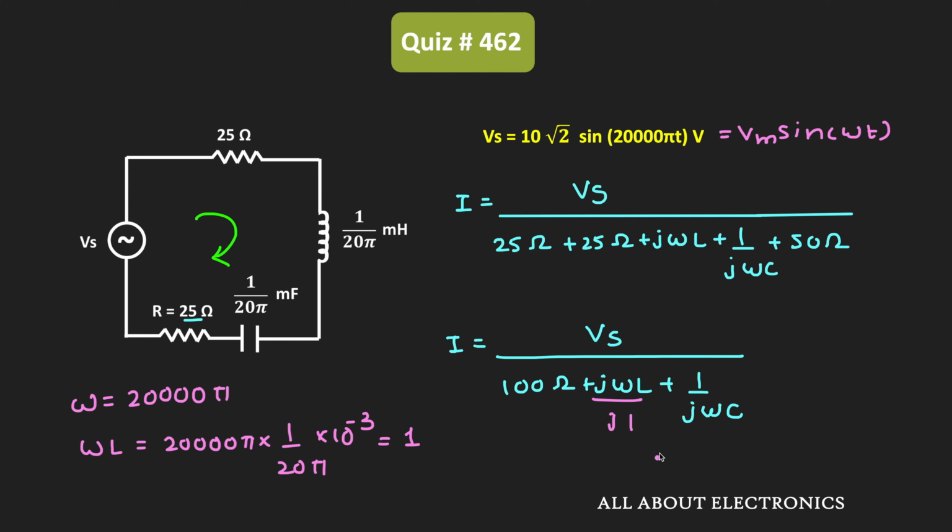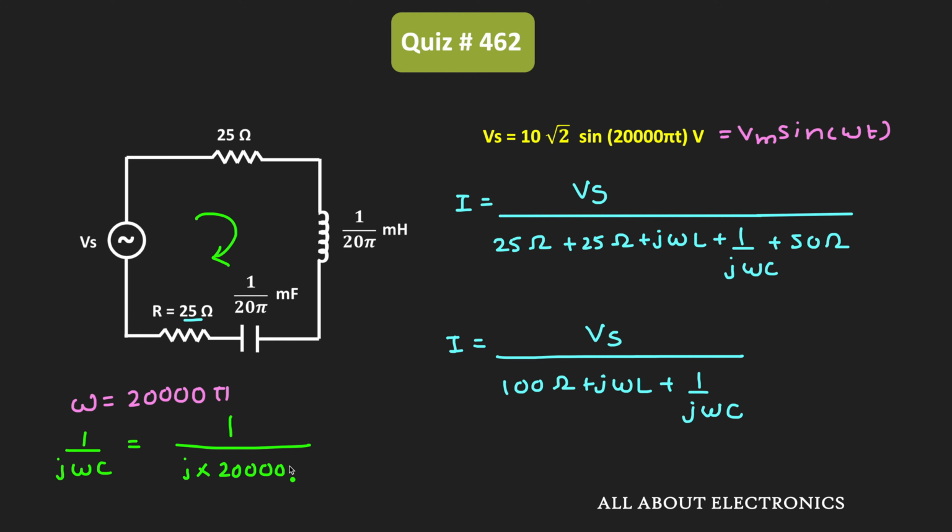Similarly, let us find the value of this 1 divided by j omega C. Here this 1 divided by j omega C is equal to 1 divided by j times this omega, that is 20,000 pi times C, and here the value of the C is equal to 1 divided by 20 pi millifarad, that is equal to 1 divided by 20 pi times 10 to the power minus 3 farad.